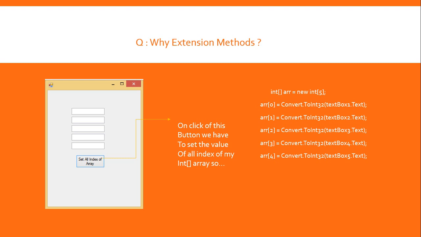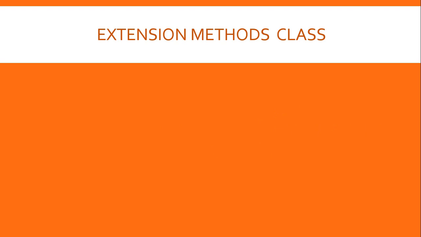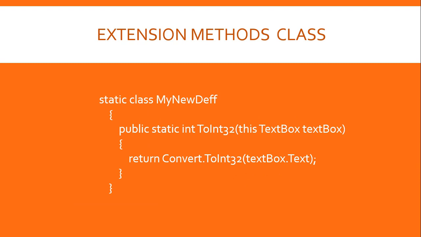If we want the text box to directly return its value as an integer, we can't do this because we can't write methods in the TextBox class, but we can extend its methods with extension methods. So how does it work? First we have to create an extension class that should be static, because any extension method must be static.